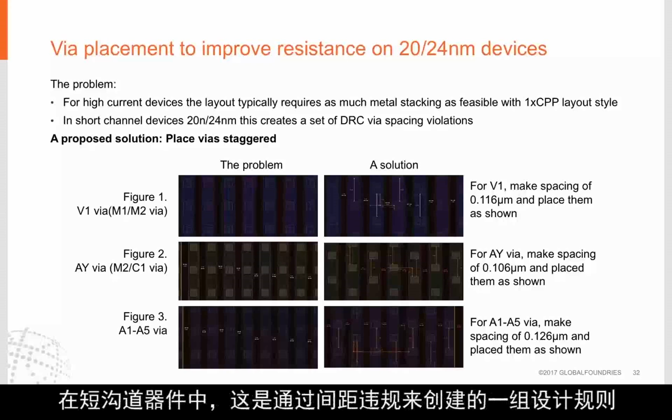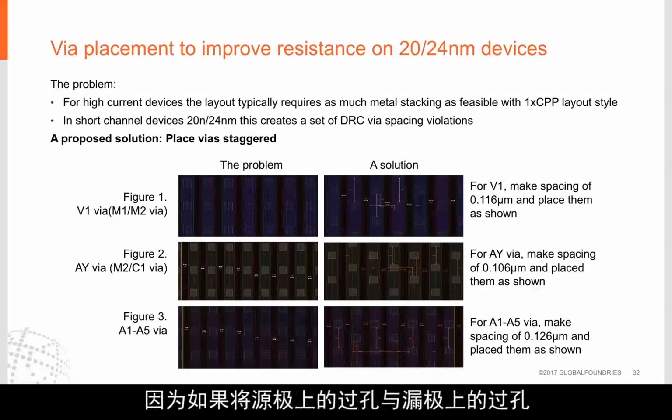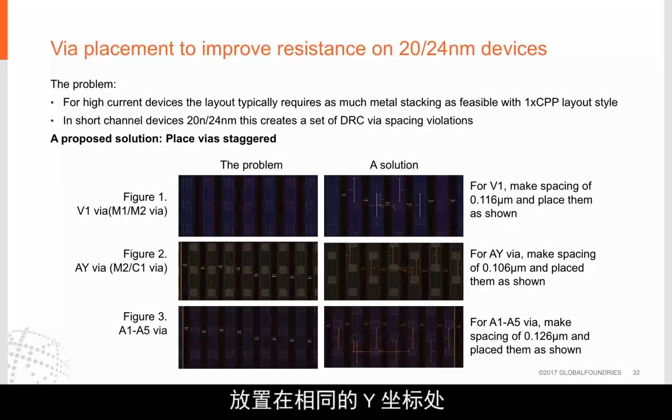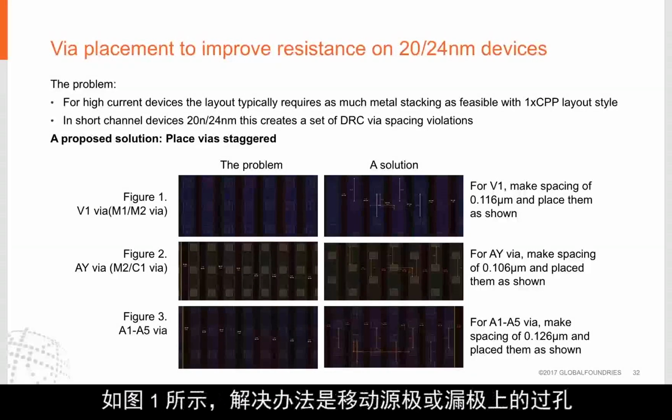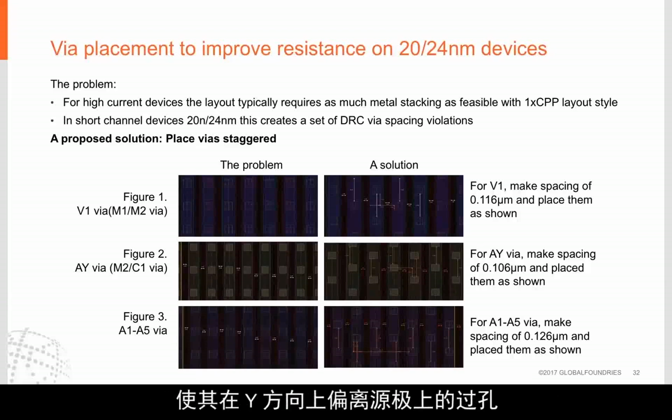In the short channel devices, this creates a set of design rule via spacing violations, because the vias on the source spacing to the vias on the drain will violate the minimum rule if they are placed at the same y coordinate. The solution, as shown in figure 1, is to shift the vias on the source or the drain so that they are offset in the y direction from the vias on the source.